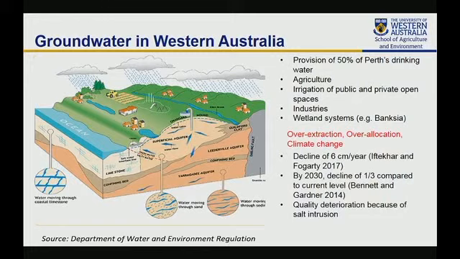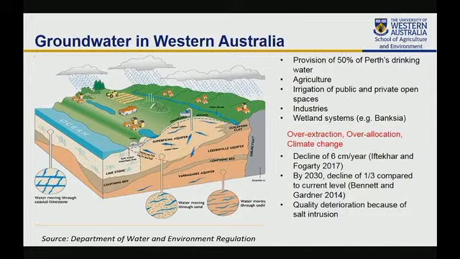And the water level in Gnangara Mount is declining over time due to over-extraction, over-allocation, and climate change. Therefore, the government of Western Australia is seeking a solution to reduce the water extraction from users.